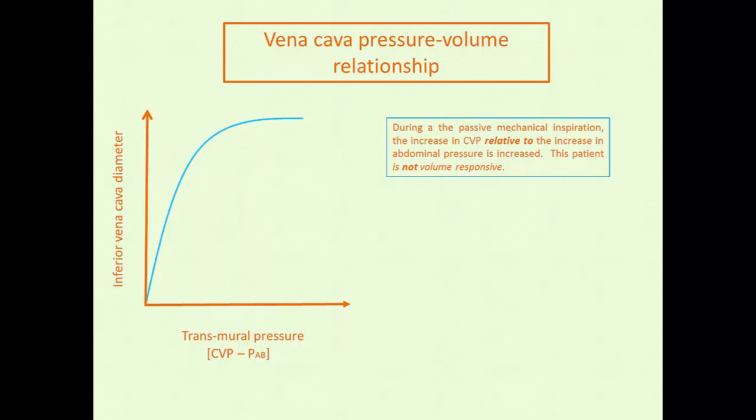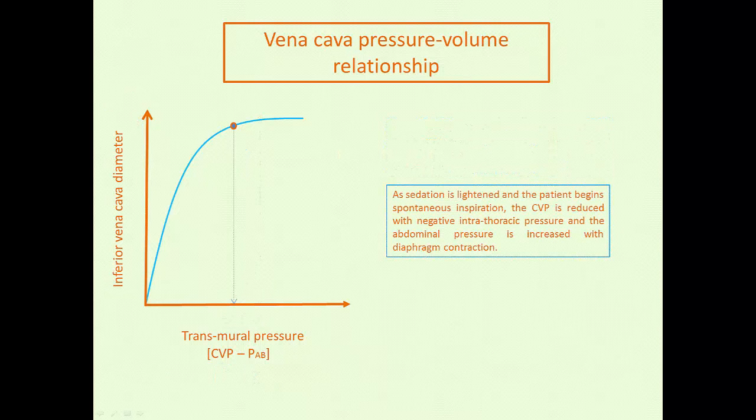This patient is not volume responsive. Okay, so that's what I just explained in this patient. The CVP is going up with the mechanical inspiration. The abdominal pressure is going up to a lesser extent. There's an increase in the transmural pressure, but the patient does not have a change in their inferior vena cava diameter. So this patient is volume not responsive.